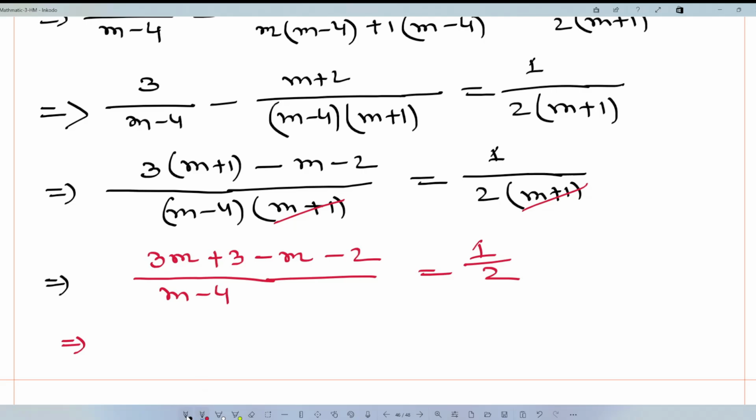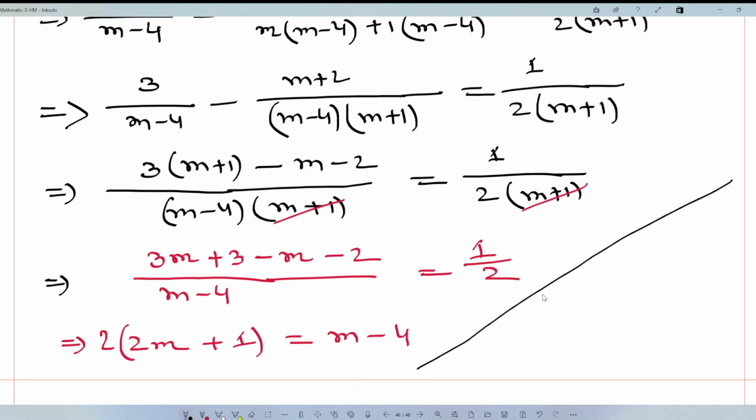Now look, 3m minus m will be 2m, and 3 minus 2 will be plus 1, right? So these two we can multiply here, and this one becomes m minus 4. So we can write this one: 4m plus 2, and this m we can exchange, minus m equal to minus 4.